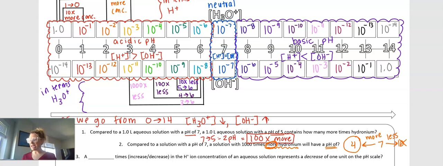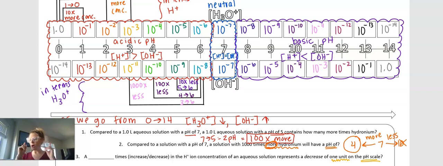A blank times increase or decrease in the H plus ion concentration represents a decrease of 1 unit on the pH scale. So first and foremost, if we're talking about 1 unit on the pH scale, before we talk about whether we're going up or down, how many times is it: 10, 100, 1,000, 10,000, 100,000?